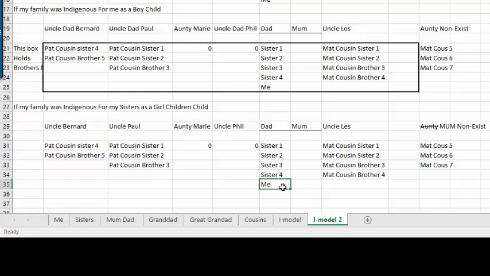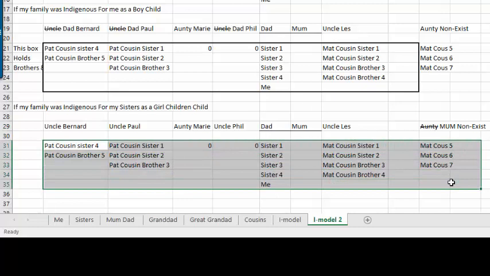Now, to give you an idea of how complex this can get when you get large numbers of people in the structure, which immediately you do if all of a sudden I've got this number of brothers and sisters instead of cousins.